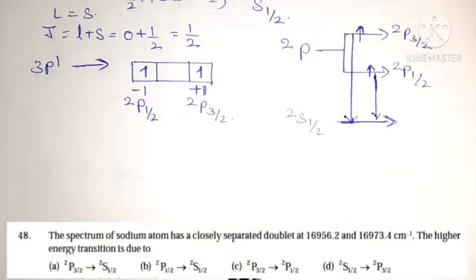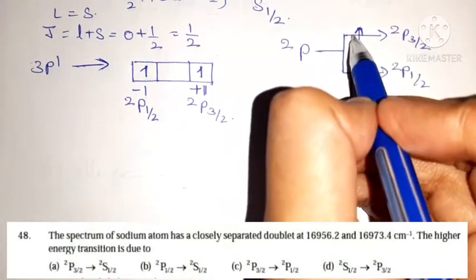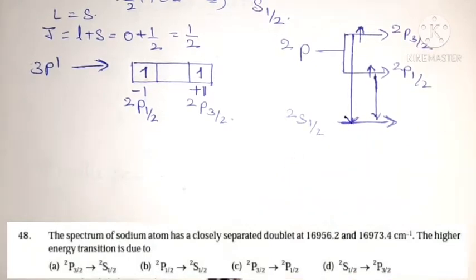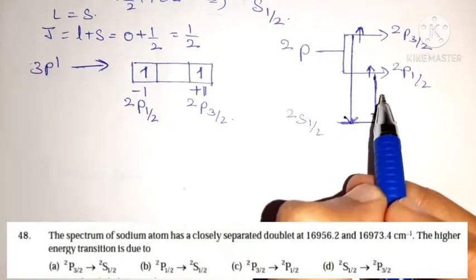So we observe two lines, two spectra, and the values of these lines are also given in your question, that is 16956.2 cm^-1 and 16973.4 cm^-1. Here you clearly see that this is the higher energy level transition and this is the comparatively lower energy level transition.